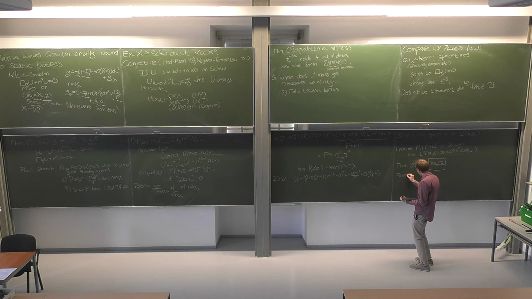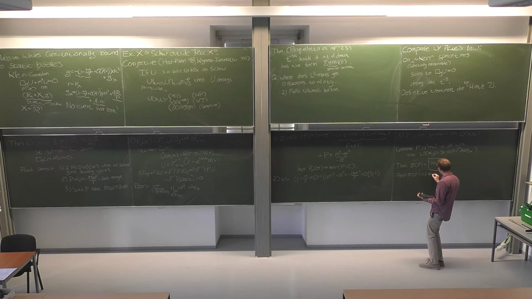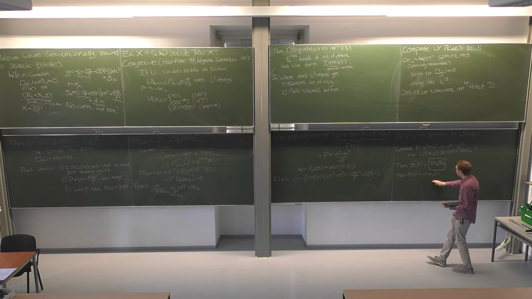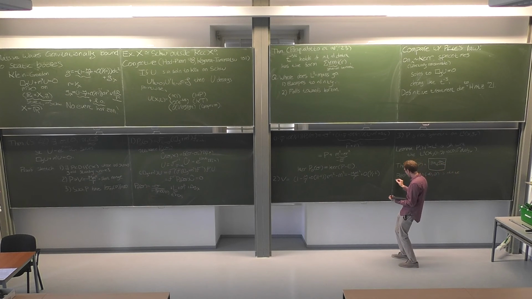So the first thing which I'll explain is why the portion of the spectrum of P in the negative real axis is infinite. The proof is by the variational principle, or Rayleigh-Ritz, or whatever you want to call it.